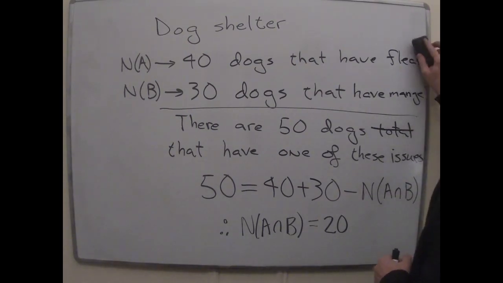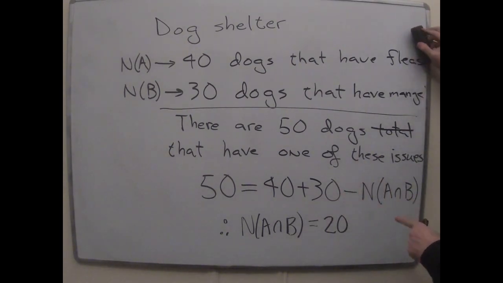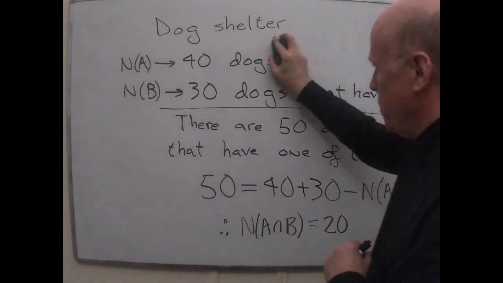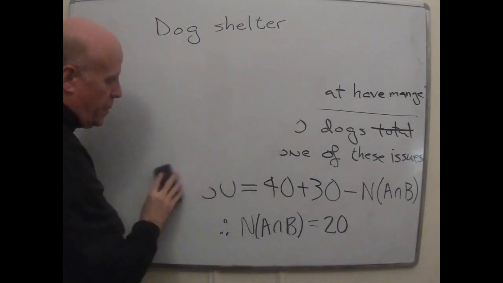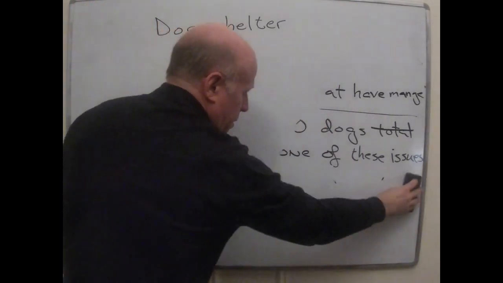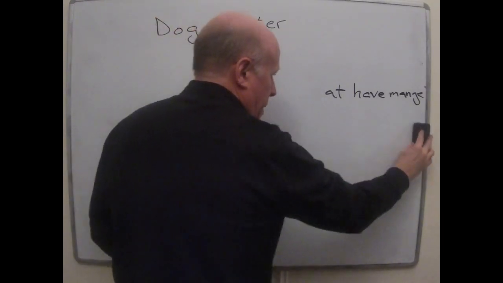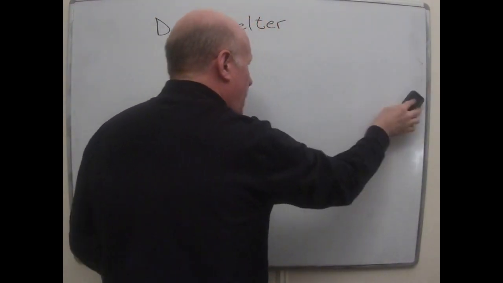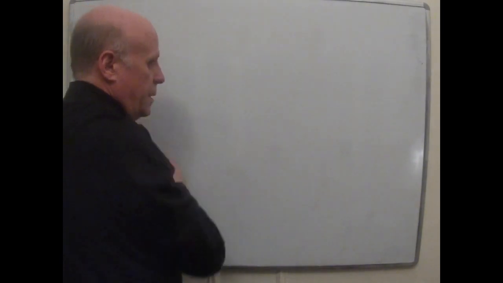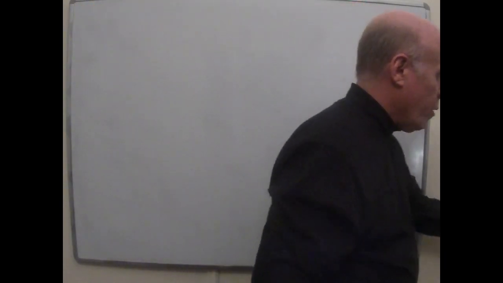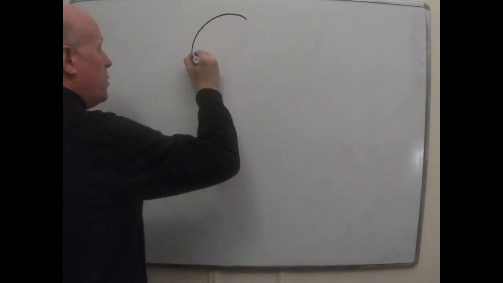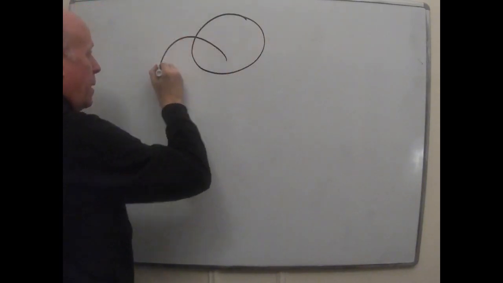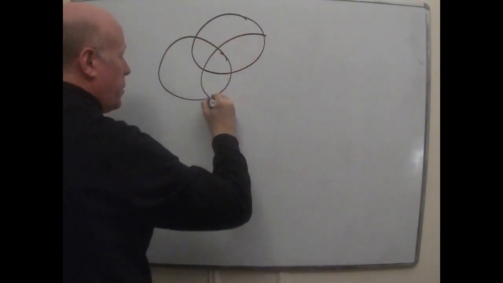Let me show you the next phase up in the inclusion-exclusion principle. This was where we were just dealing with pairs of sets. The next stage up is if there are 3 sets, and then there are more ways that they can overlap. Most of you have probably seen these Venn diagrams for 3 sets.